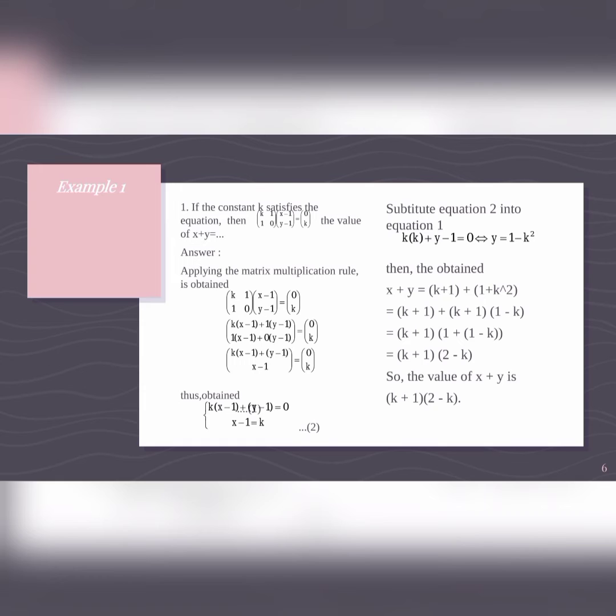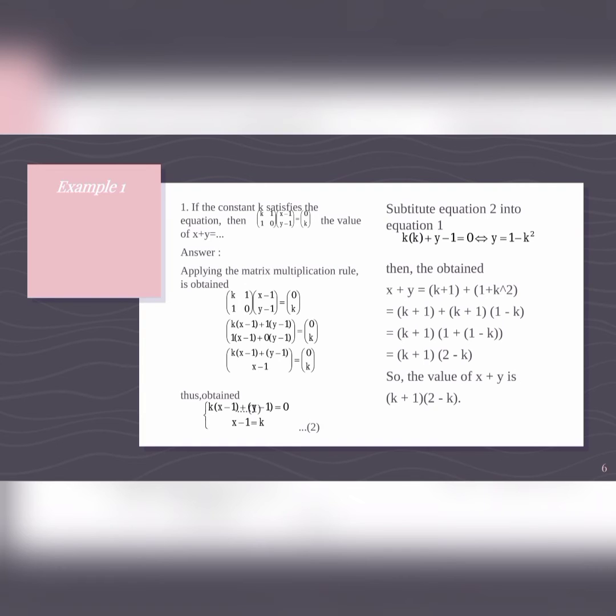And the next step is substitute equation 2 into equation 1. So we can get K times K plus Y minus 1 equals 0, we can get Y equals 1 minus K square.